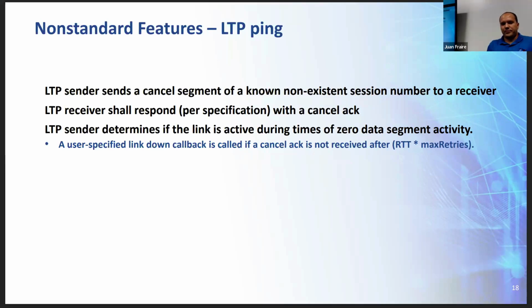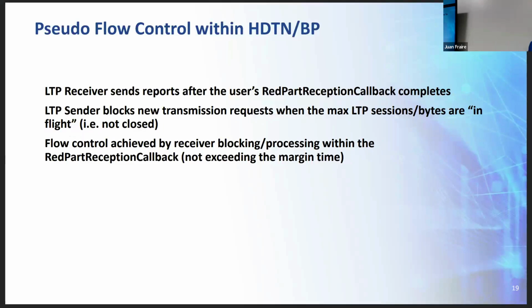A user-specified link down callback will be called if that cancel ack is not received after the max retries times your round trip time. So that's a feature that we've grown to love and rely on quite a bit in our testing. We've noticed we can get some pseudo flow control within HDTN and bundle protocol.